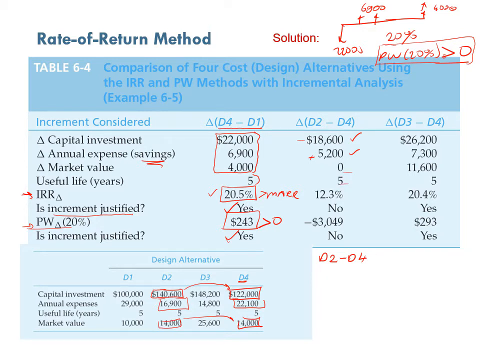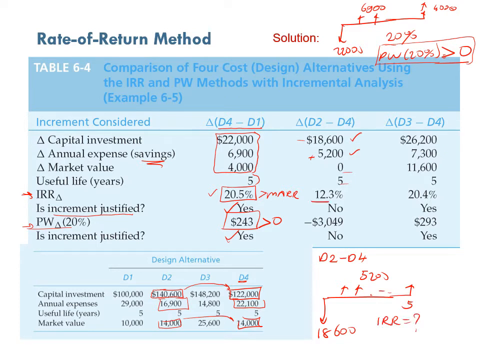So again, using the IRR method, I need to find the rate of return for this cash flow. Okay, so this is 18,600 for 5 years. I have 5,200 and the market value is 0. And what is the internal rate of return for this cash flow?